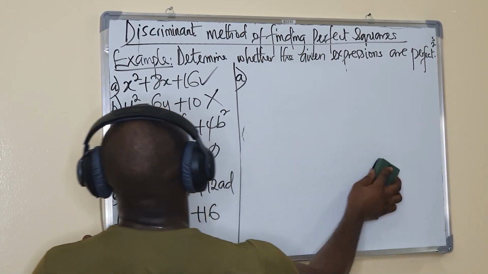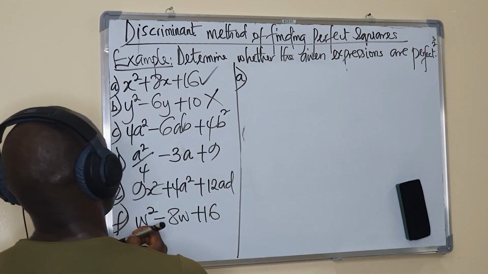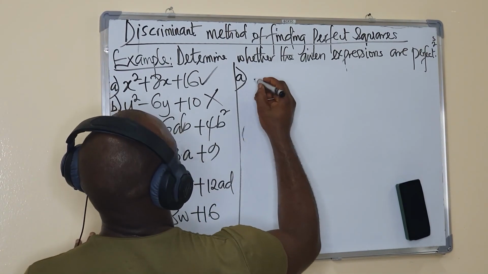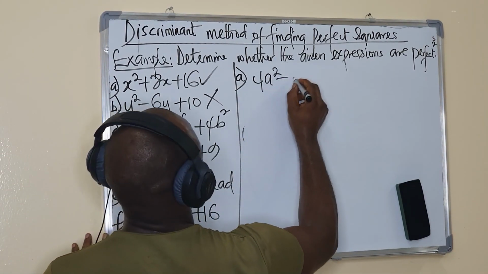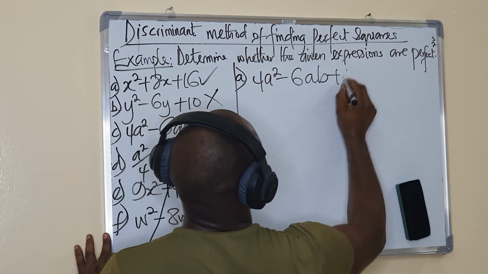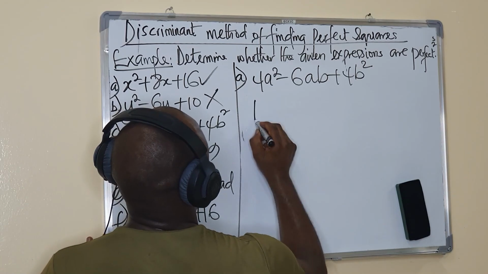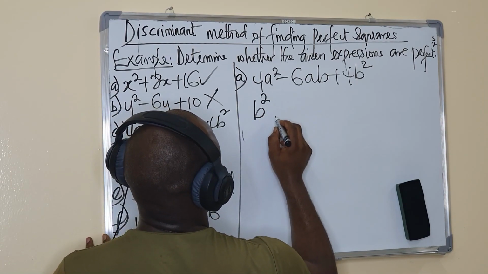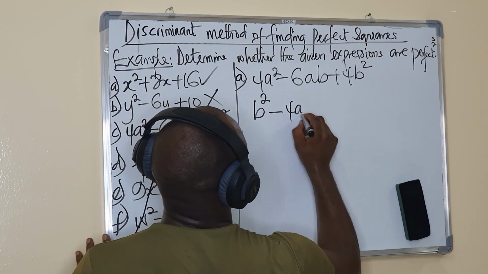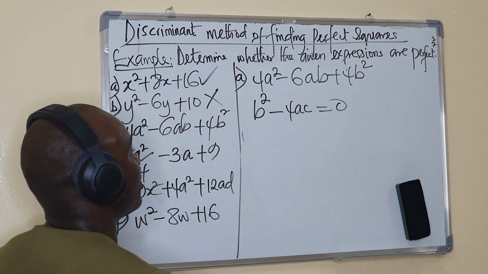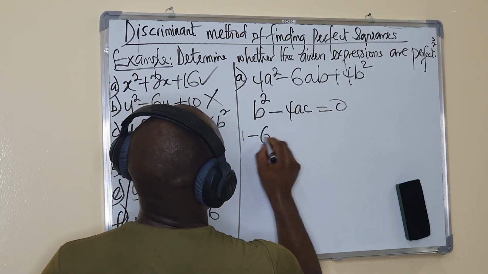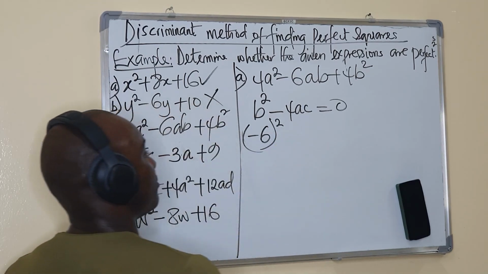The third expression we have on the board is 4a squared minus 6ab plus 4b squared. Testing it out with the discriminant method that says b squared minus 4ac must equal 0, let's see if this is going to work. Our b squared is negative 6 squared.